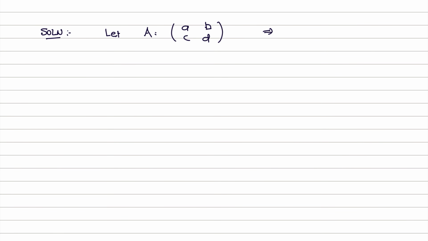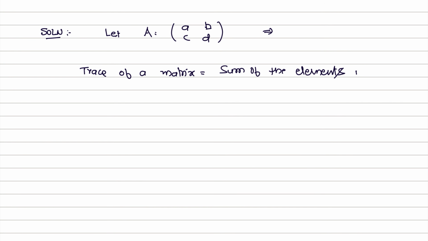Now, from the definition of the trace of a matrix, what is the trace of a matrix? Trace of a matrix is equal to the sum of the elements in the principal diagonal.